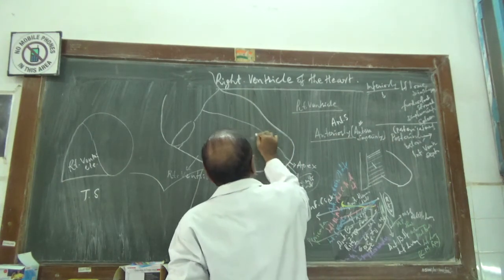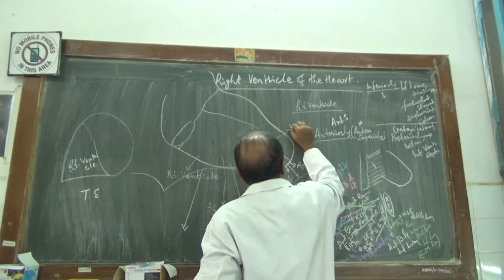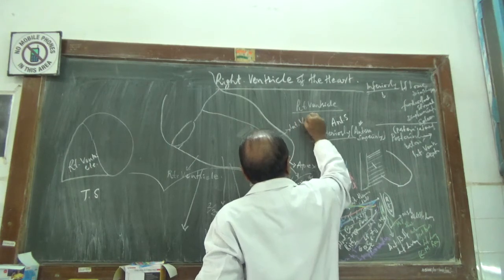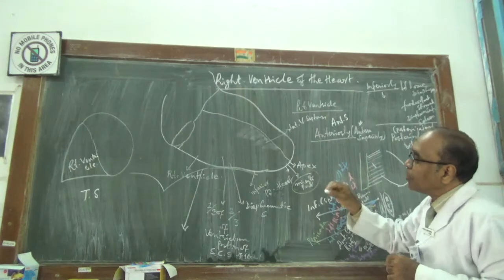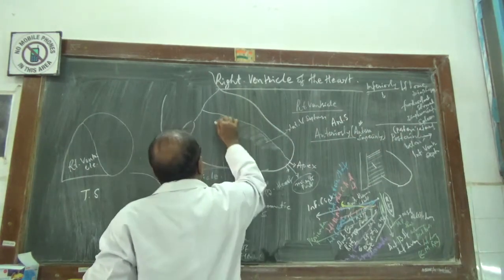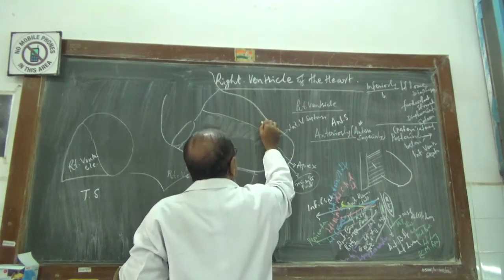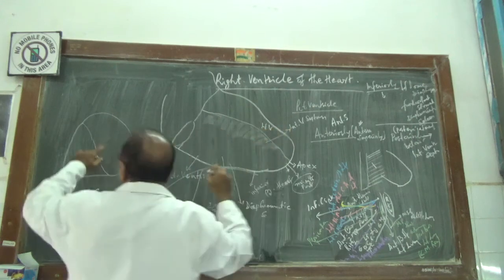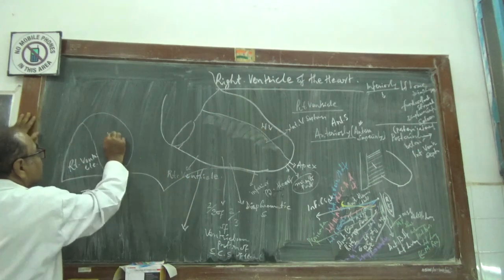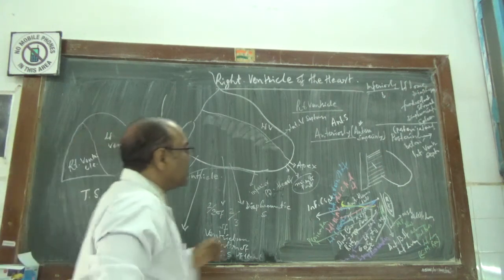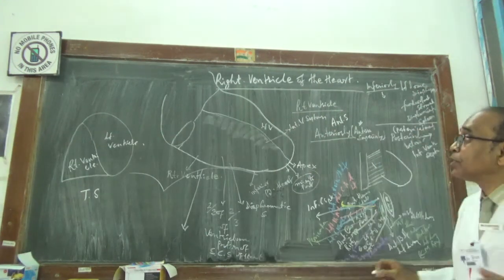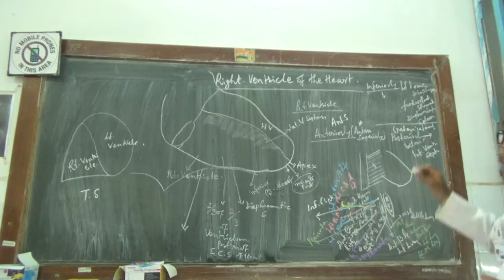This is the interventricular septum, which is separating it from the left ventricle.